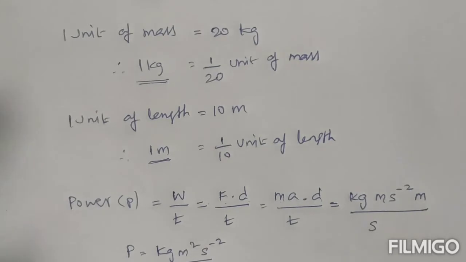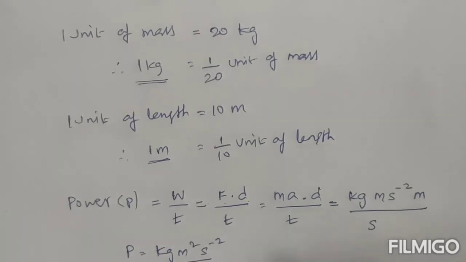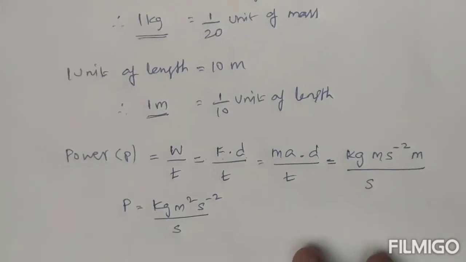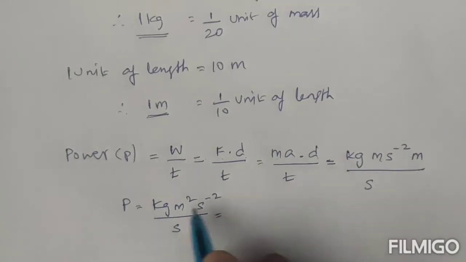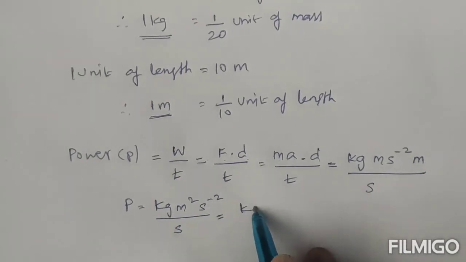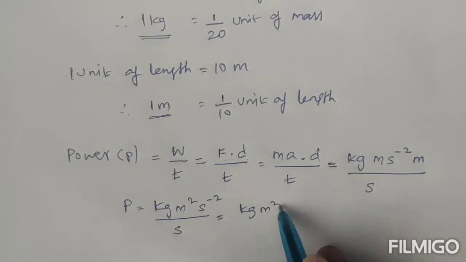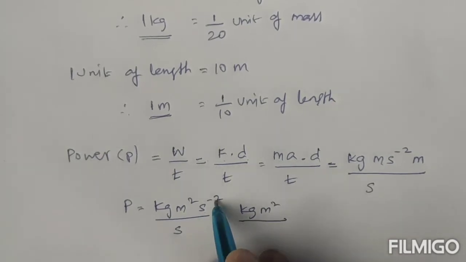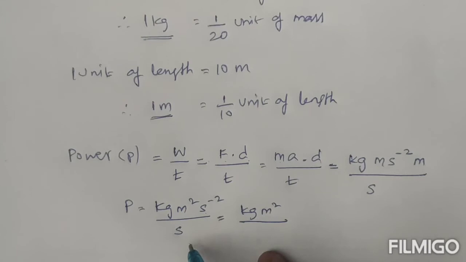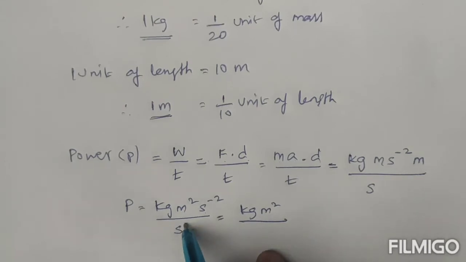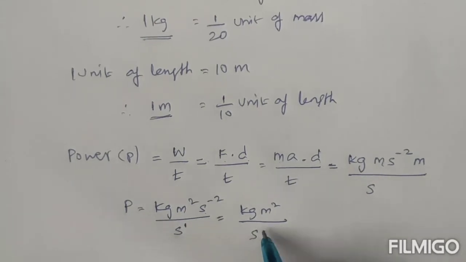Otherwise we can write kilogram meter square divided by s power minus 2; moving to the denominator it becomes s power plus 2. Already s power 1 is there, so we can write s power cube.